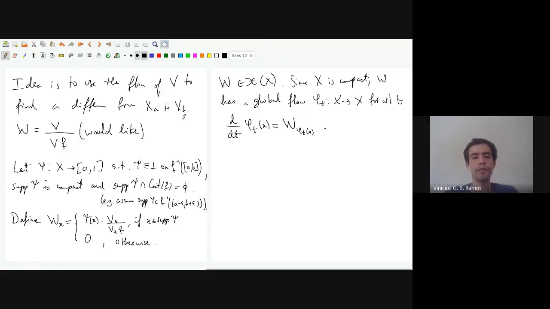So if I look at f applied to phi t of x, what's the derivative of this with respect to t? Well, by the chain rule, this is just going to be df at phi t of x applied to the derivative of the flow, so df of W at phi t of x. But this is the same as df of v over v f, which is the same as df of v.